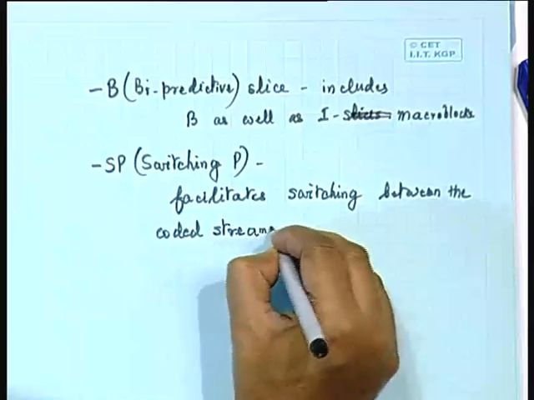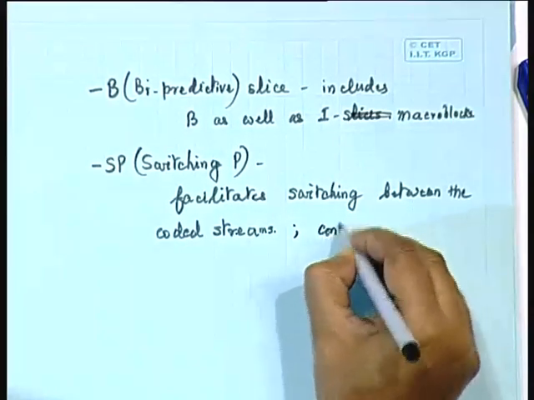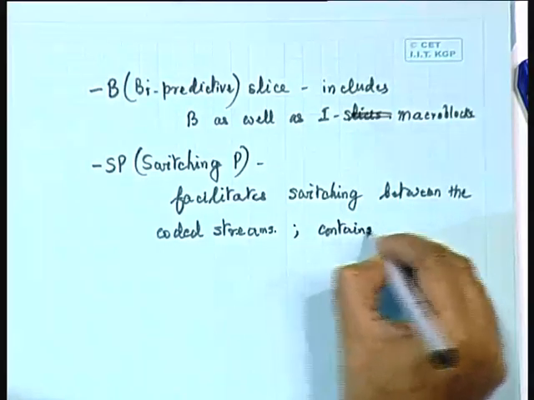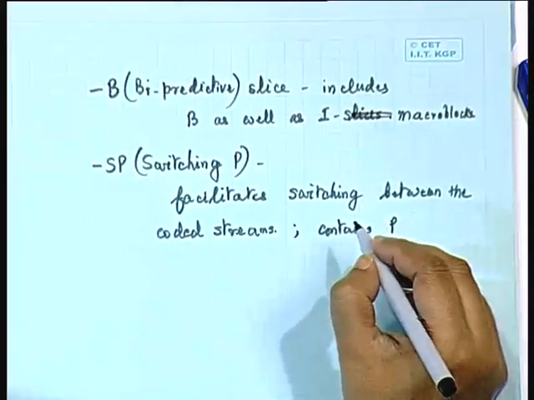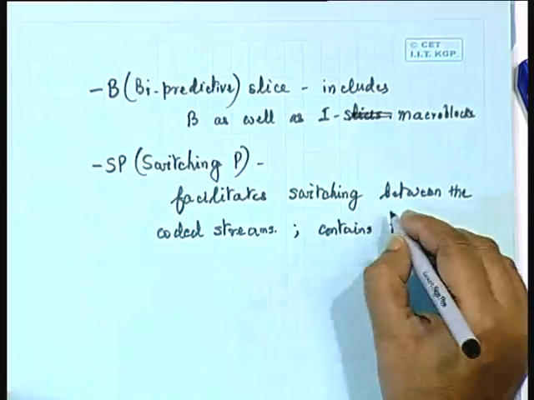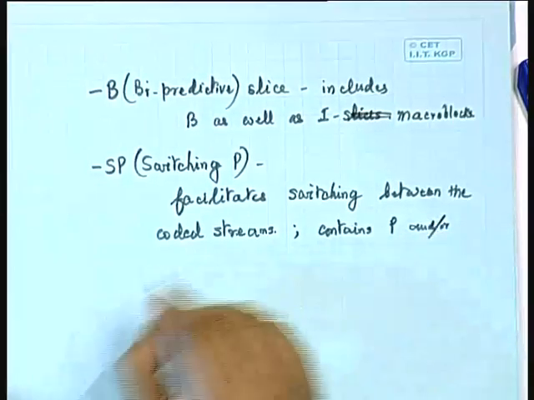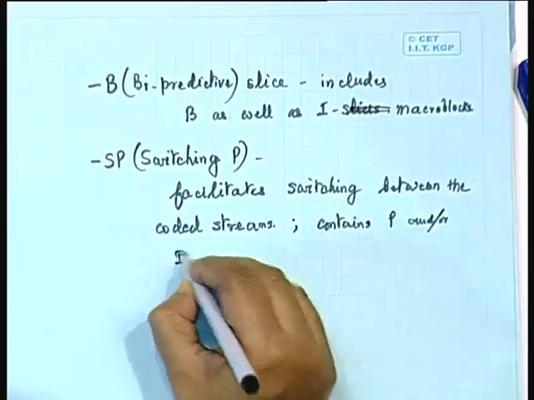And in fact, the coded streams can contain P. So, you may have a coded stream composed of P macro blocks. You may have a coded stream consisting of I macro blocks.